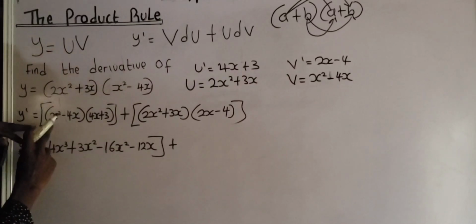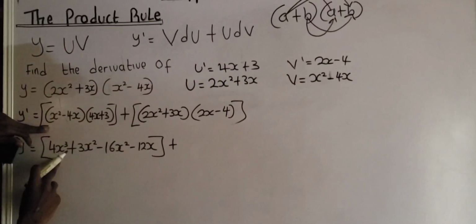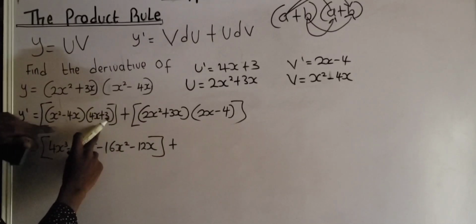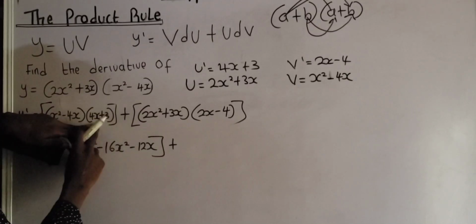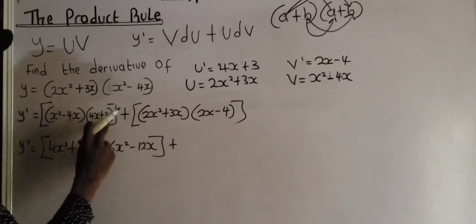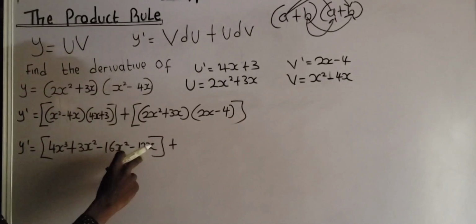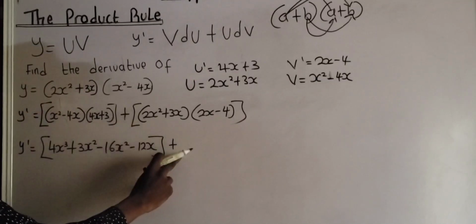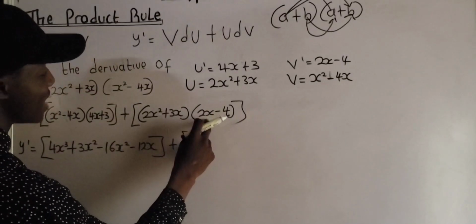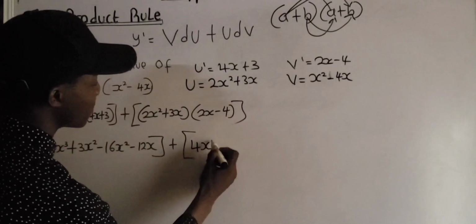I multiplied x squared by 4x, I got this. x squared by 3, I got this. Minus 4x multiplied by plus 4x, that is minus 16x squared. Then minus 4x multiplied by plus 3, that is minus 12x. You understand? Then I put the addition sign. Now open a big bracket again. 2x squared multiplied by 2x, that is 4x raised to the power of 3. You understand?